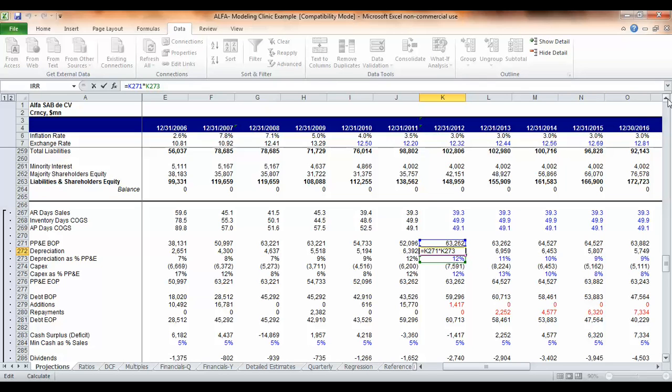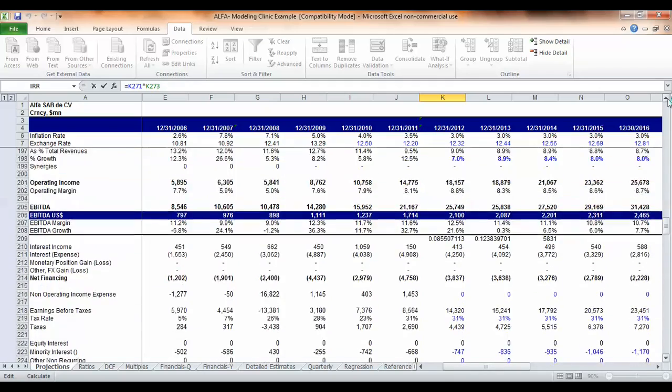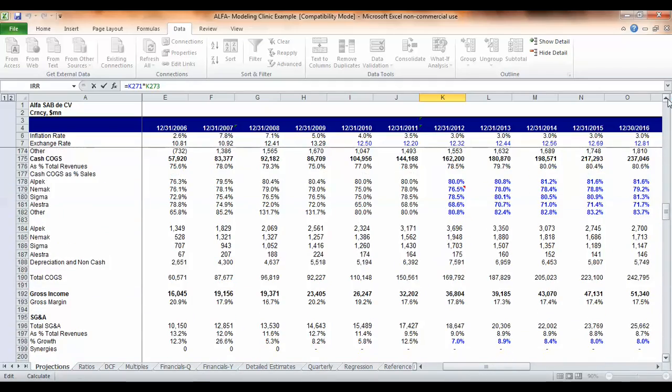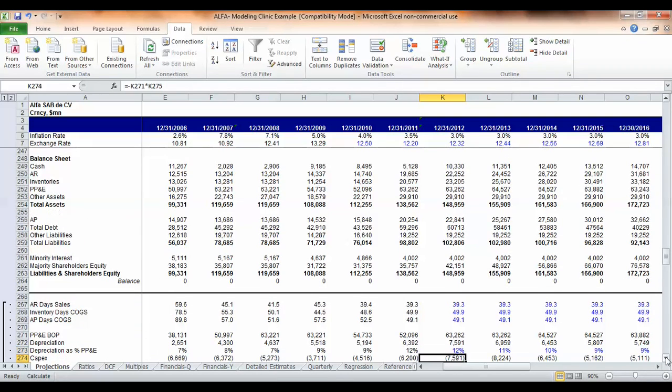You go back to your cost structure. You can see here line 188, depreciation of non-cash, is equal to K272. So it's a function of the previous year's ending balance for property, plant, and equipment. It's running through your income statement.